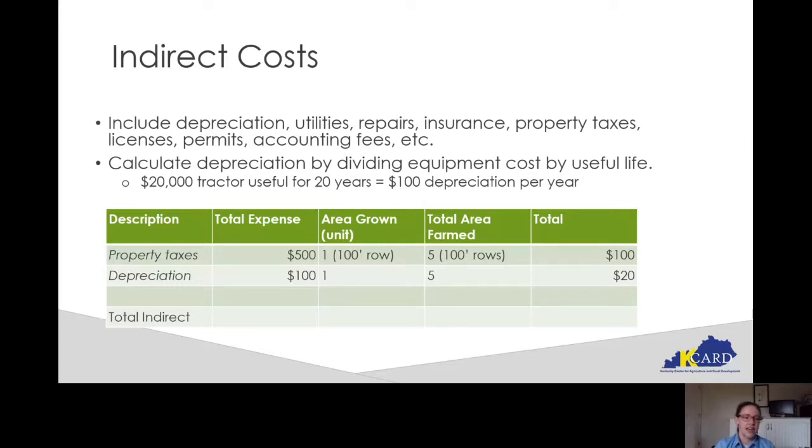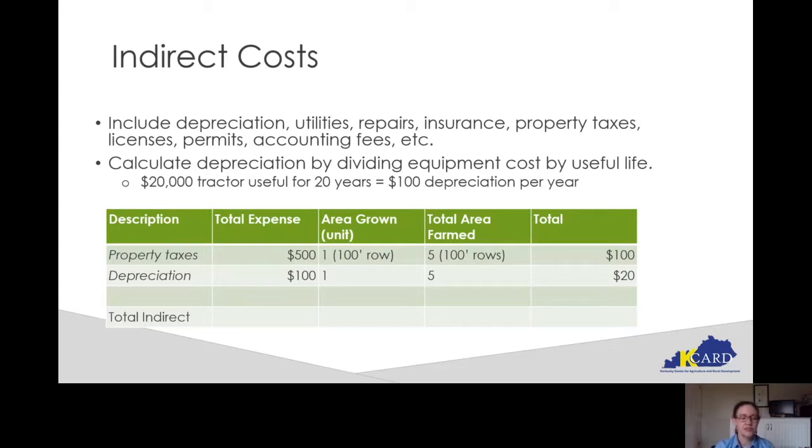And if you're looking at property taxes, it's $500 a year. You have 5 100-foot rows planted, and only one of those rows is tomatoes. So the tomatoes are responsible for about $100 of the property taxes. The tomatoes could be responsible for about $25 of your total depreciation.